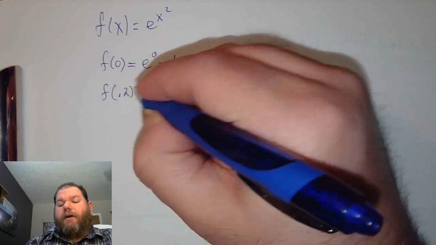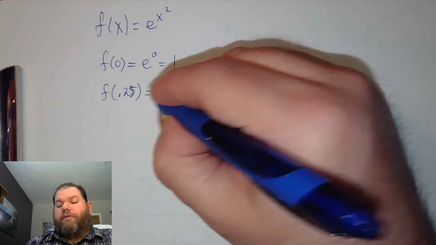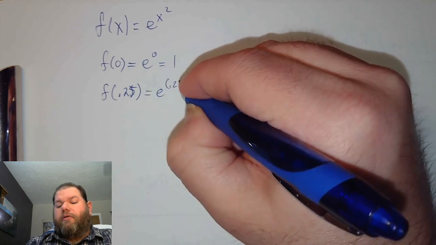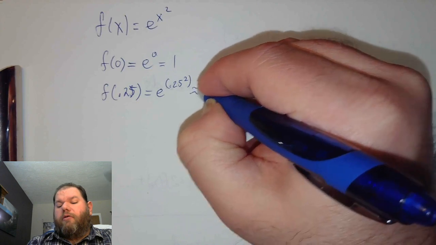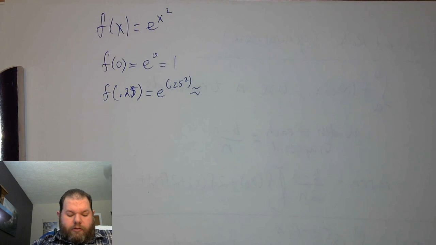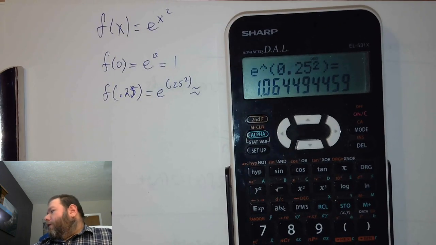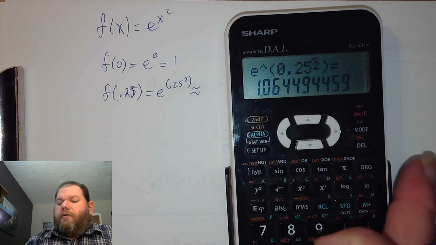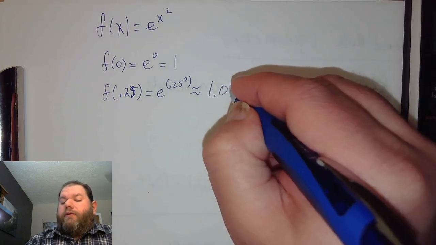F of 0.25, we'll have to go to a calculator for this one. So we have e to the 0.25 squared. You can see I get 1 point. I said 4 decimal places, so we'll go 0, 6, 4, 5. 1.0645.